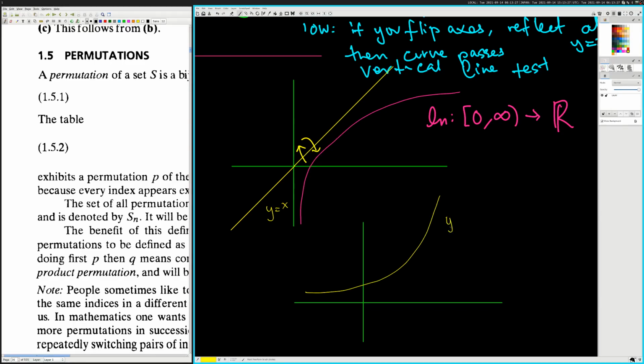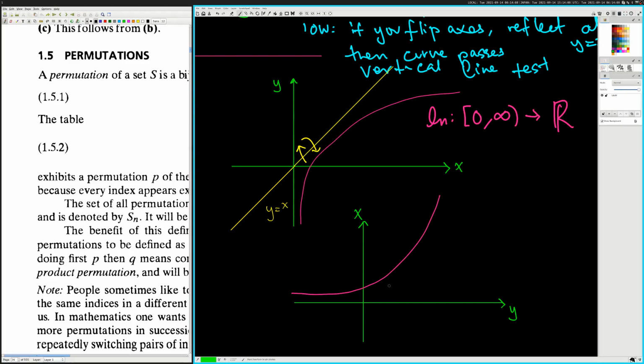Let me write this as, if y is equal to the natural log of x, then here's the graph I'm going to do. Okay, I'm going to draw this in the same color, and that way it's less confusing. All I've done here is flip the axes. Here, this is the x-axis. Here, this is the y-axis.